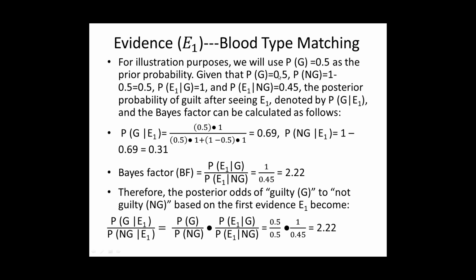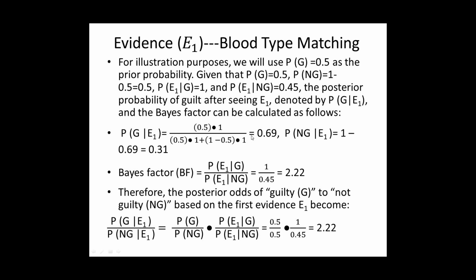So what is the interpretation, which I told the students? This means that the probability of the defendant being guilty has increased from 0.5 to 0.69. Also, the Bayes factor of 2.22 reveals that the credibility of the first evidence, the blood match, is 2.22 times greater under the assumption of guilty than it is under the assumption of not guilty.